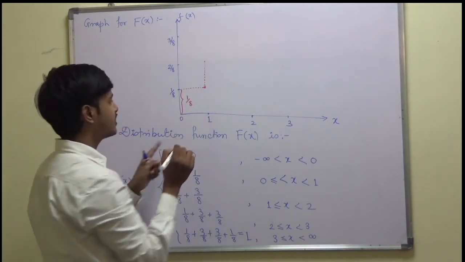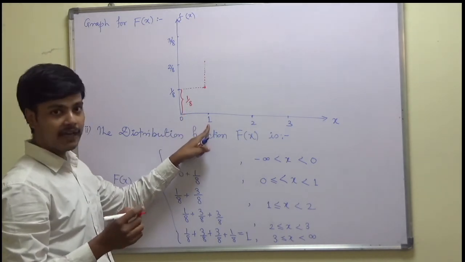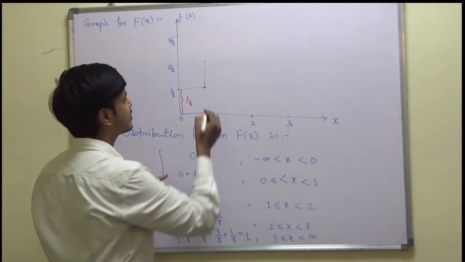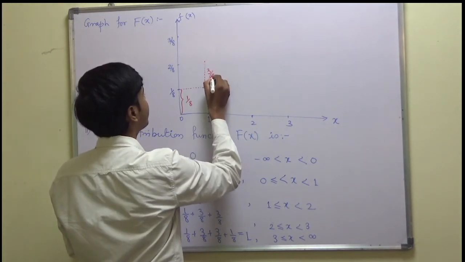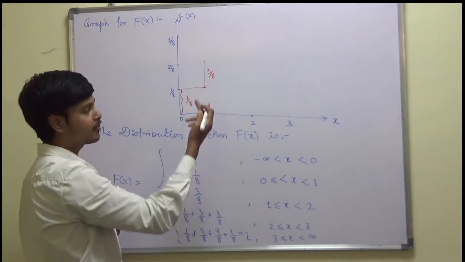See the distribution: for 0 we have 1 by 8, and for 1 we have 3 by 8, so I'm just adding 3 by 8. 1 by 8 plus 3 by 8 would be 4 by 8.